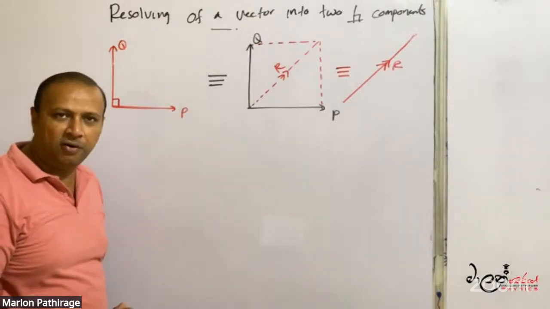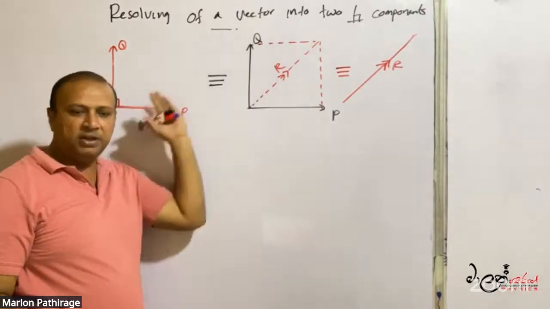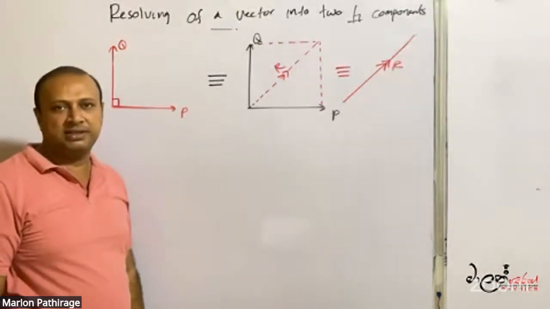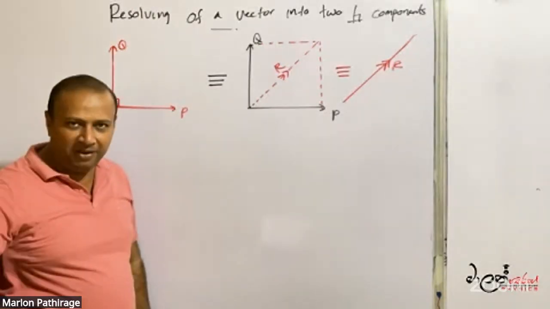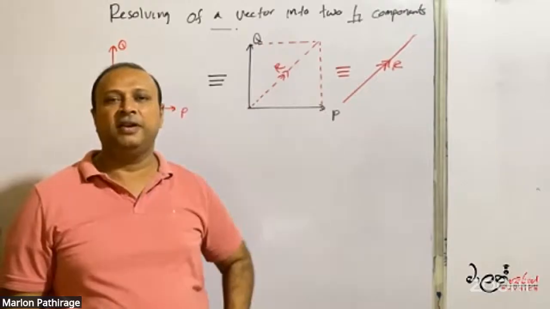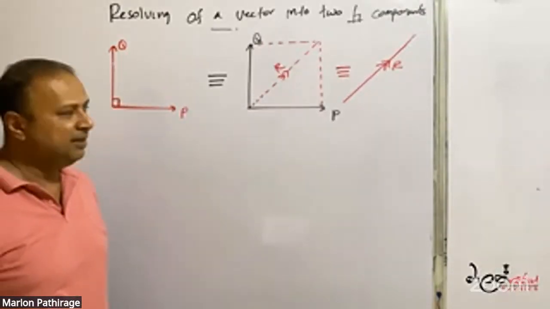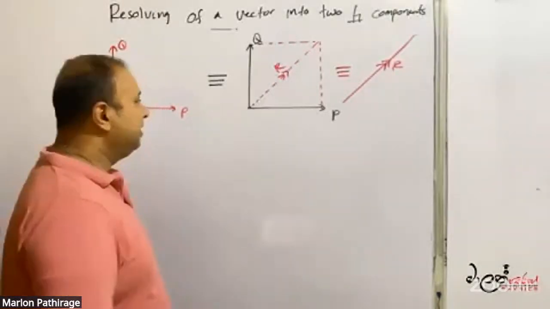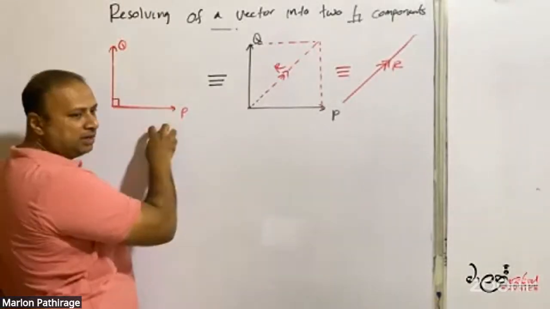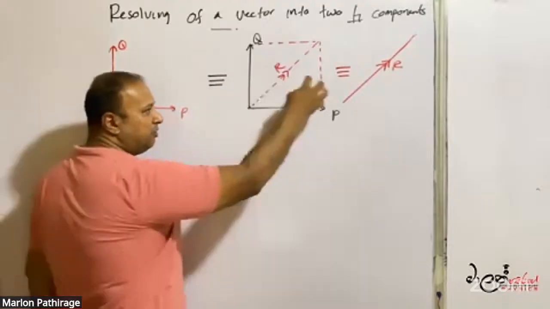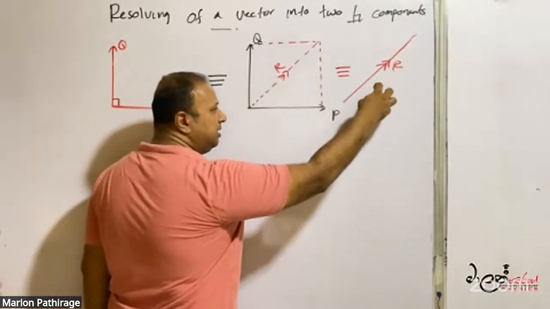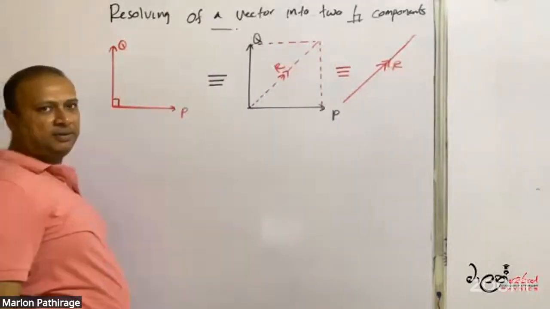Therefore, we can do the reverse process. We can build an argument in the reverse way. These two vectors are equal to this one, which means this vector is equal to those two.